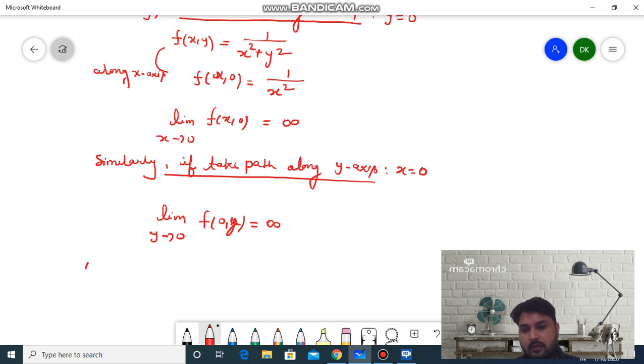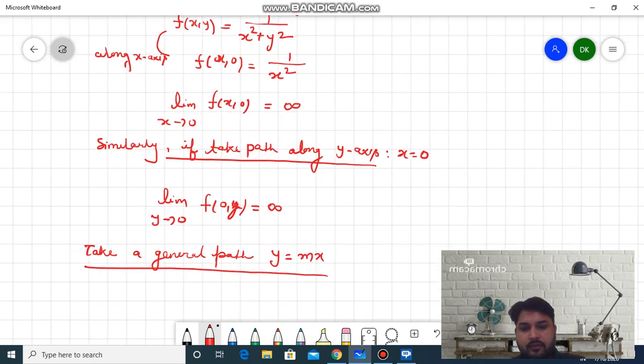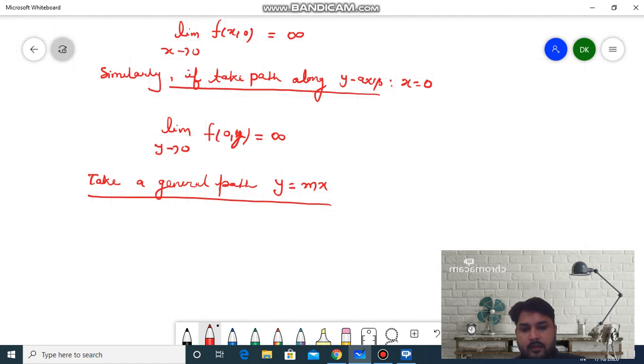Take a general path y is equal to mx, and we will find the limit of the function at point (0,0) along the path y is equal to mx.